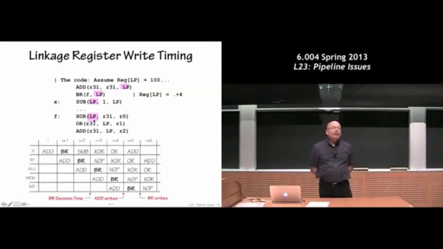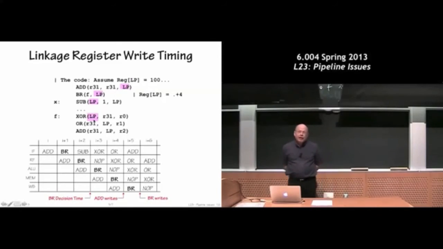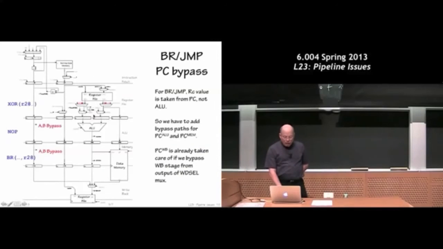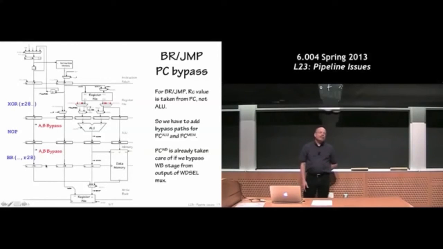Where else can the register contents come from? There's one other input to the WD cell mux. We write PC plus 4 into the register file when we do, for instance, a taken branch. So when that happens, we need to not only bypass from all of this stuff over here, we also need to include bypasses from the other things that can go in the register file, in this case the PC+4 value, which is dutifully also flowing down the pipeline.